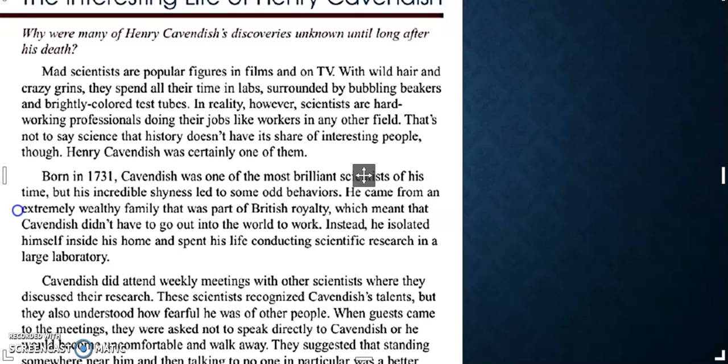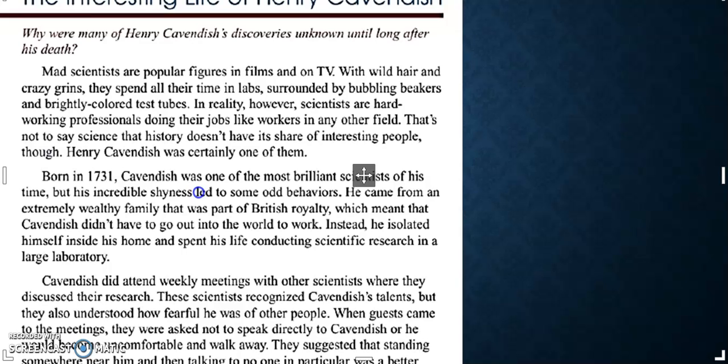Born in 1731, Cavendish was one of the most brilliant scientists of his time. But his incredible shyness, stopping here, we are going to see this word. Shyness comes from shy, a person who doesn't like to be social. So Cavendish was very shy, and he disliked staying with people.